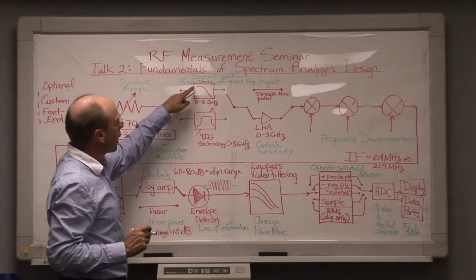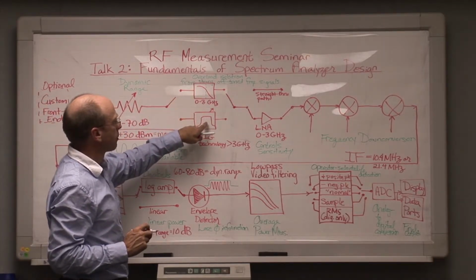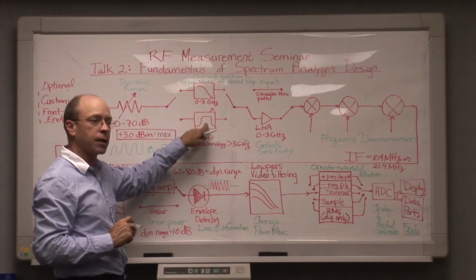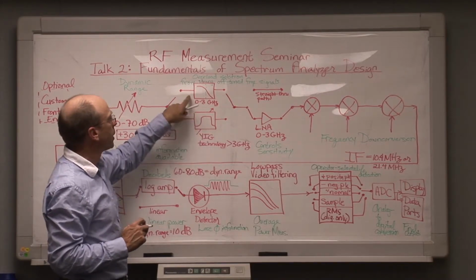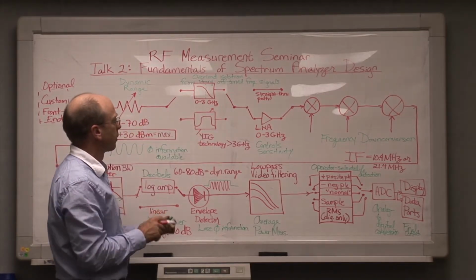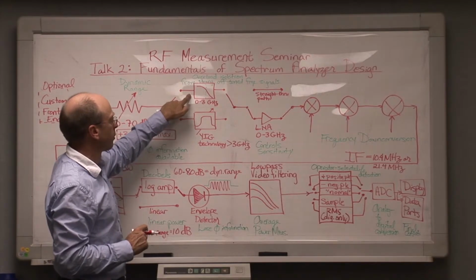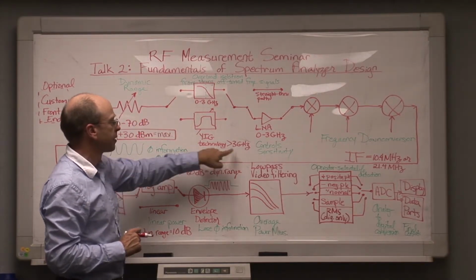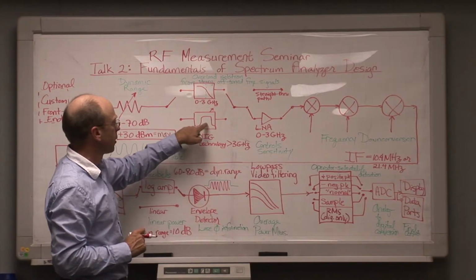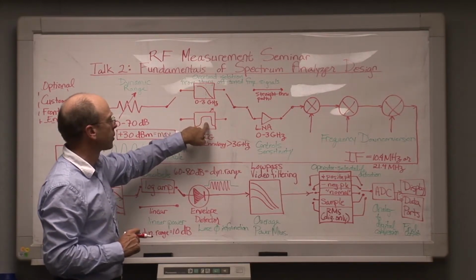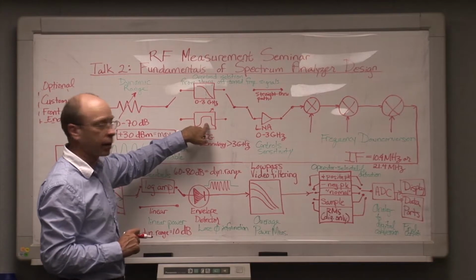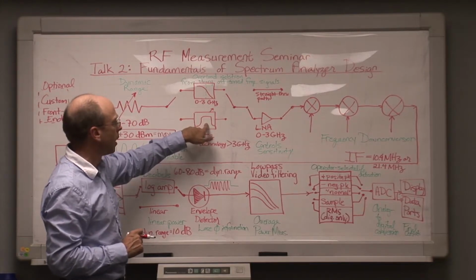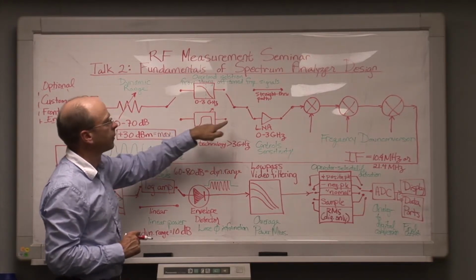Next, we isolate the signal that we're measuring on its frequency from strong signals that are not on its frequency with either a low-pass filter that works from 0 to 3 gigahertz if we're working in that frequency range, or else with the yttrium iron garnet filter that works at frequencies above 3 gigahertz, which is electronically tunable and which is controlled automatically in terms of its tune frequency inside the spectrum analyzer.